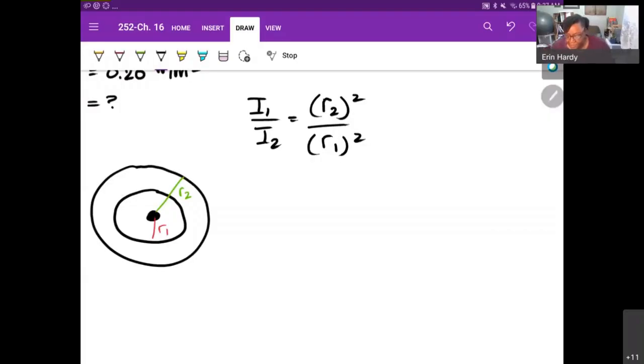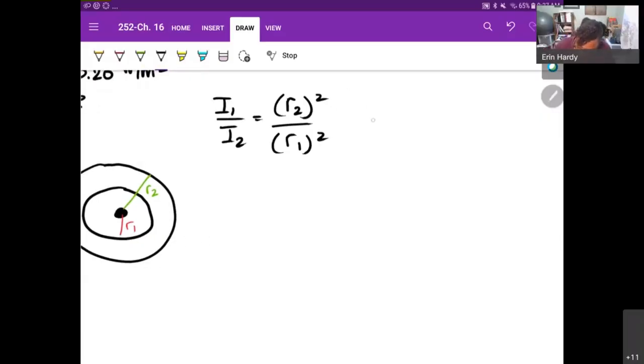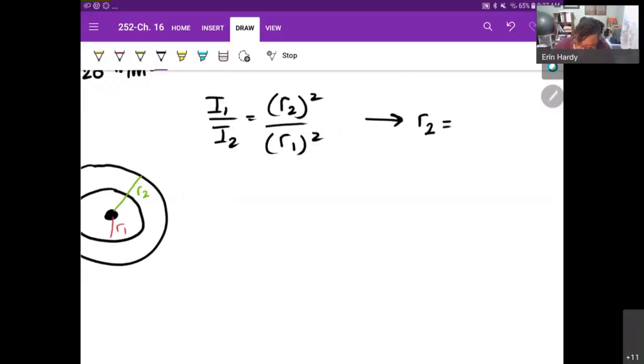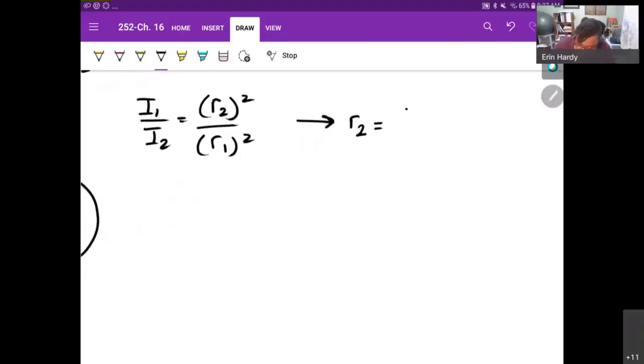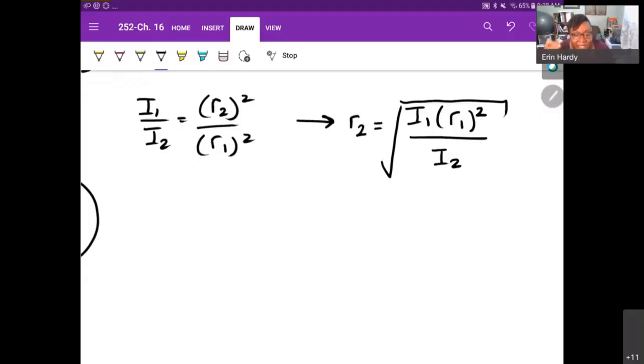So we have everything except for R2. So R2 is going to be I1 times R1 squared over I2 square root, which makes sense because I1 and I2 have the same unit, so they'll cancel out. And I'm solving for an R.